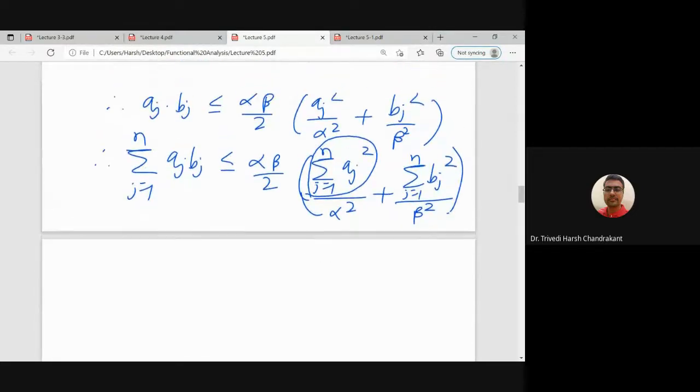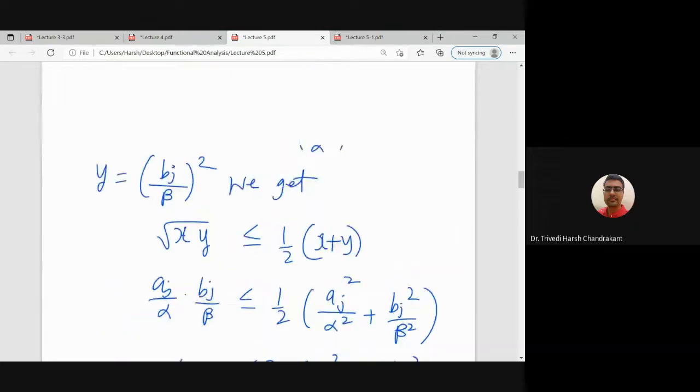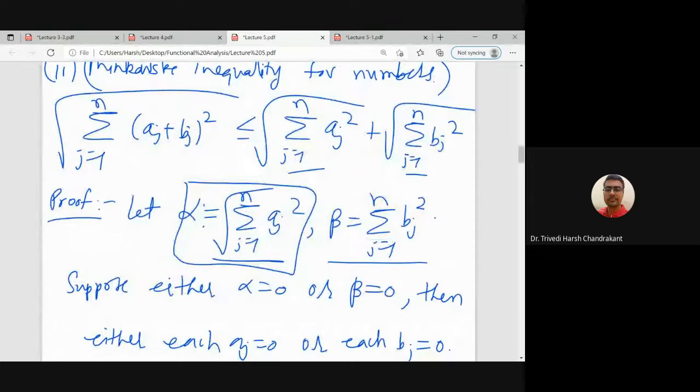So that is alpha by alpha square plus beta by beta square. I think I made some mistake in defining alpha and beta. I should take the square root of this.